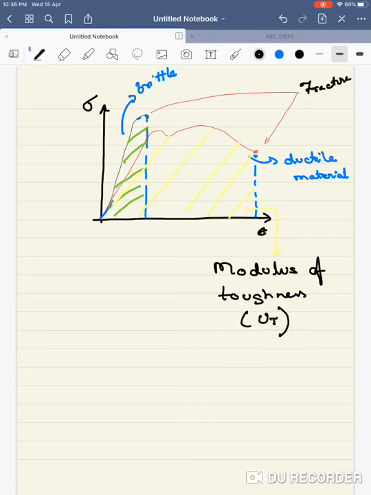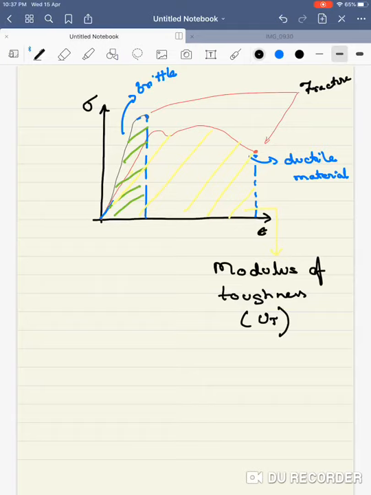This toughness defines the ability of the material to absorb energy prior to fracture. So the area under this stress strain diagram represents the density of the strain energy absorbed by the material prior to fracture. So this is a very, very important quantity.